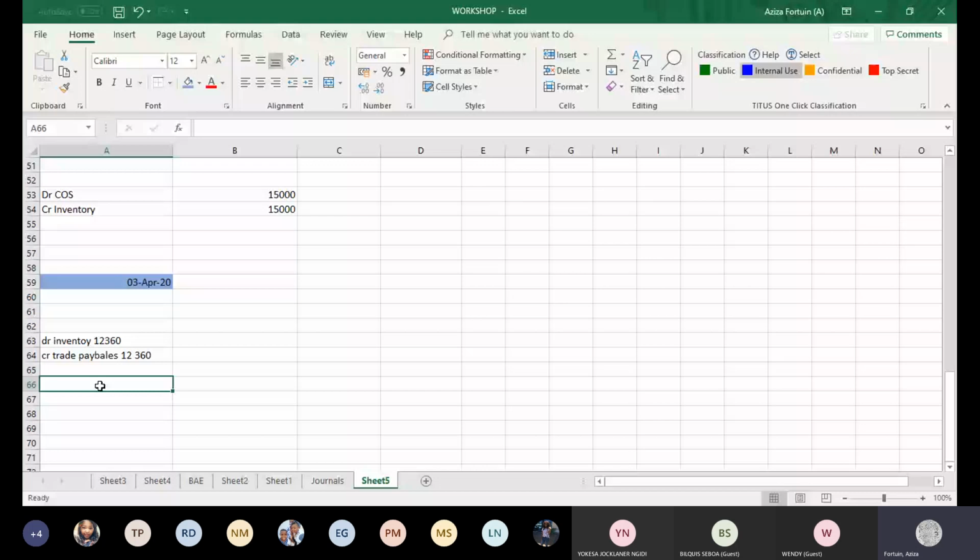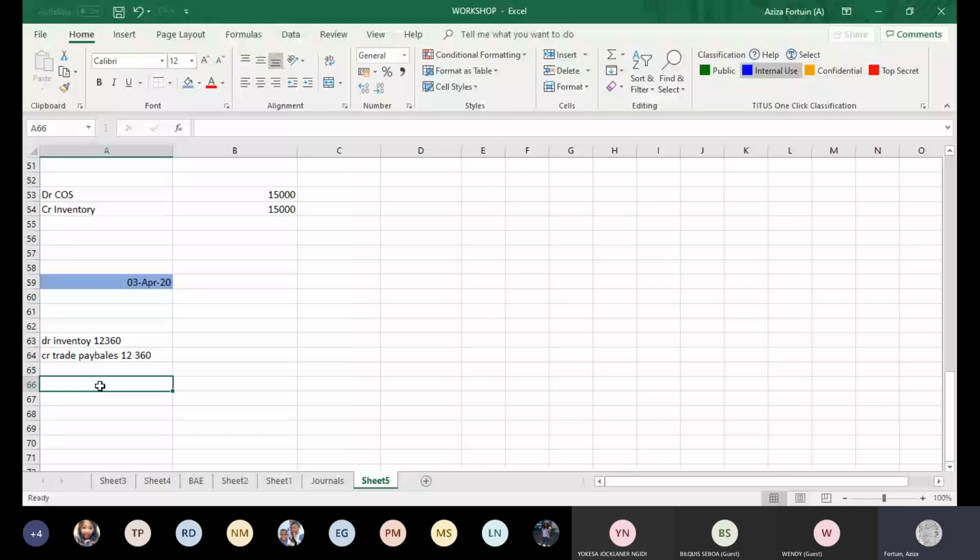So let's look at how they got to account for this. On the 1st of April it was 80 at 700, so it was 56,000. Then they issued 50 to production, which was transferred to work in process.